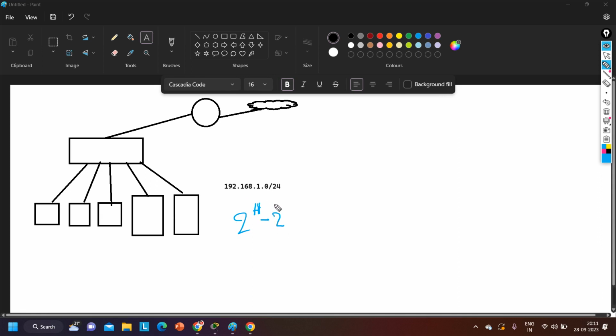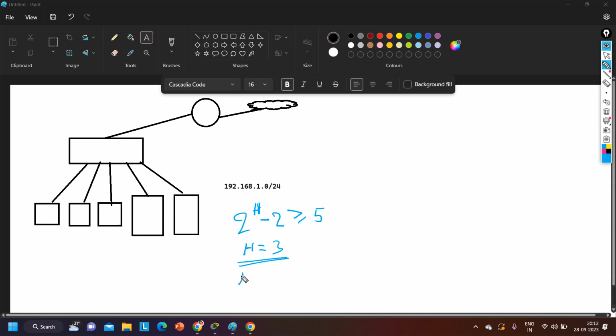This should be greater than or equal to 5. So can anyone tell me what will be the value of h here? 3. So h should be 3. That means host bits is 3.